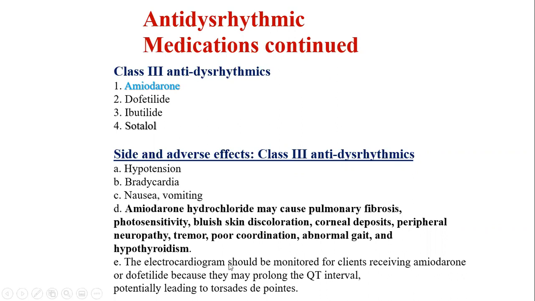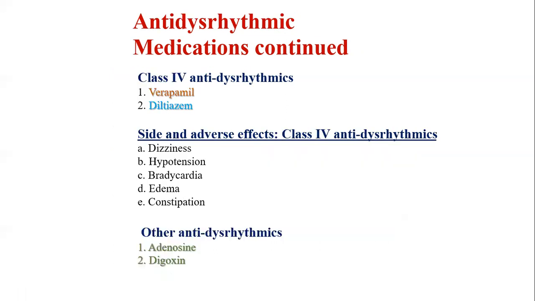The electrocardiogram should be monitored for the client receiving amiodarone because it may prolong the QT interval and potentially lead to torsades de pointes, another abnormal EKG finding.